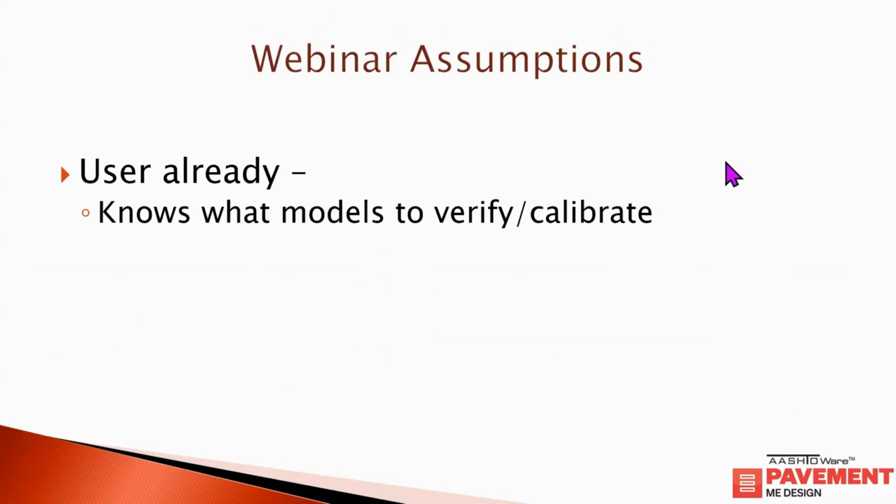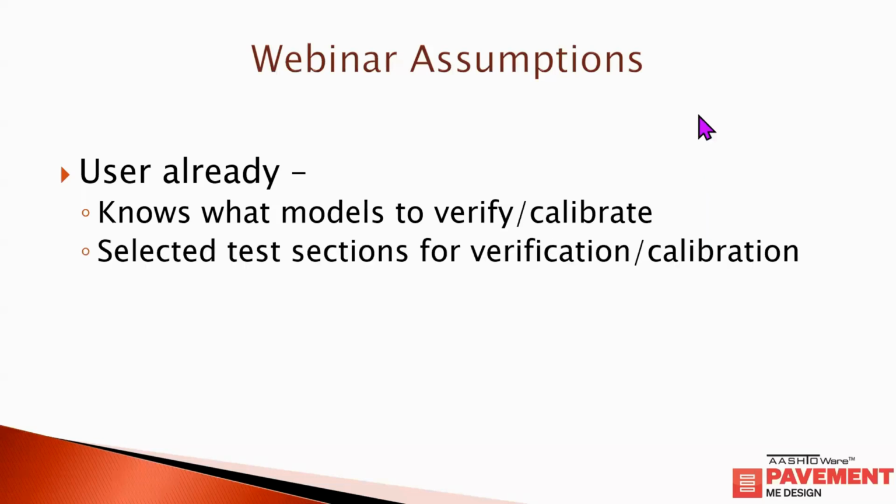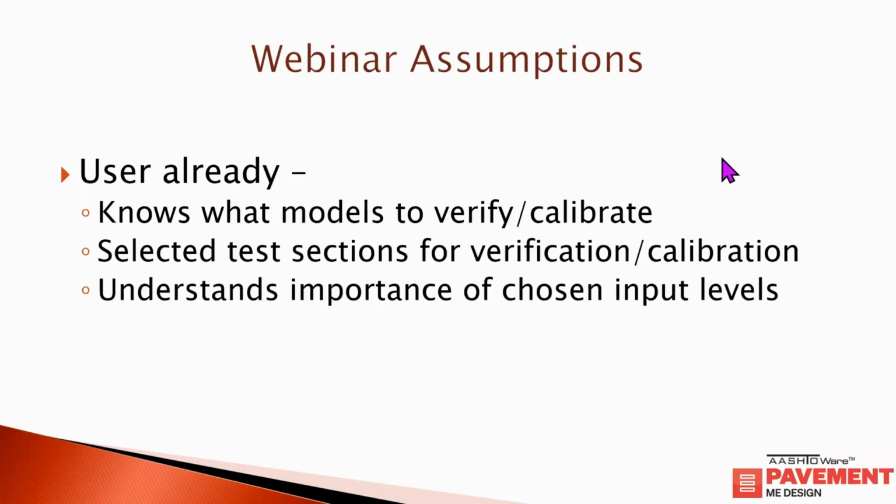So as far as the assumptions here, you should know which pavement types you're looking at, which models you want to verify or calibrate. You've already selected the test sections. You understand the importance, especially on the materials side. You want to calibrate, or verify and calibrate, using the same input levels as you would for a normal design.